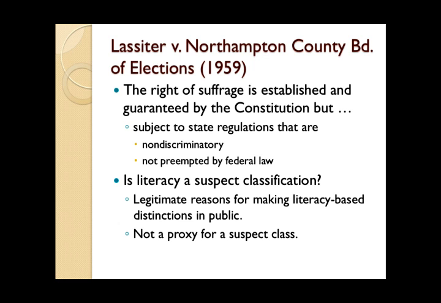A state might say, we want a well-informed electorate. How does an electorate get well-informed? By reading the newspaper, by reading up on the candidates. And a way to make sure that the electorate is well-informed is to give them a literacy test. And secondly, we're not concerned that illiterate is the equivalent of black. That's essentially what the court is saying here. We're not concerned that illiterate is inherently the same as black or African American.